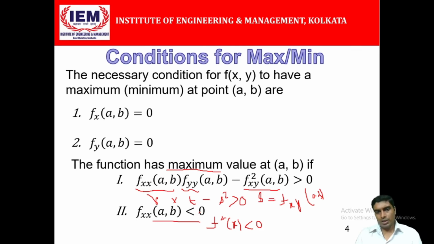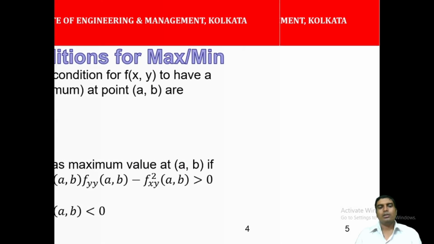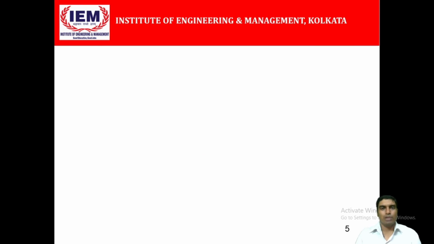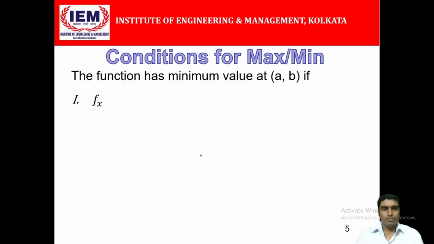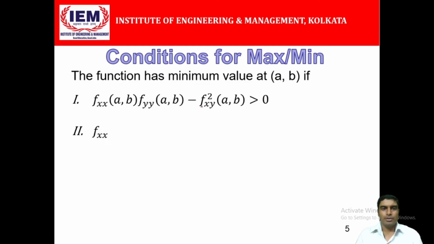Now for the minimum case, what will be the condition? The function will have a minimum at the point (a, b) if it satisfies the following condition. It is the same condition as the previous one, with r, t and s squared. The only difference is that this is greater than 0.